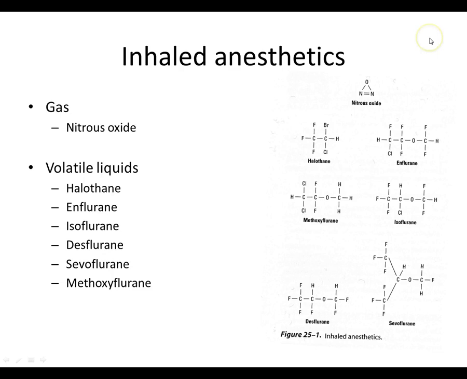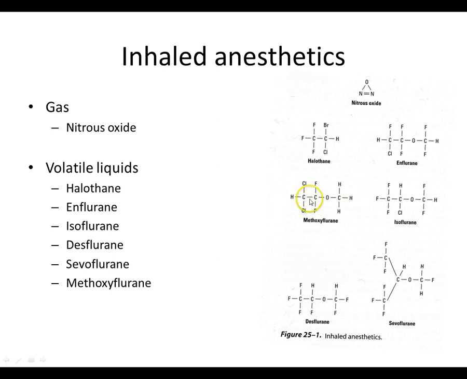Okay, so we'll talk first about the inhaled anesthetics, and again, this will include the gas nitrous oxide, shown here, very simple molecule, and several volatile liquids, which again exist in liquid form but readily give off gas, and so they can be inhaled. You can see that several of the volatile liquids have the underlying structure of ether.